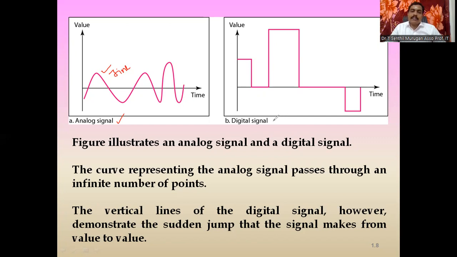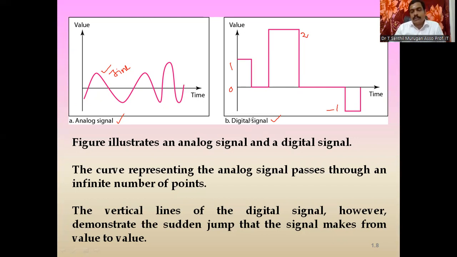So this is the digital signal. Here we know that some values are there. The vertical lines of the digital signal demonstrate the sudden jump that the signal makes from value to value. For example, it may be 0, it may be 1, it may be 2, it may be -1. It goes from 1 to 0, then 0 to 2, then 2 to 0, then 0 to 1, -1, suddenly jumping like that.